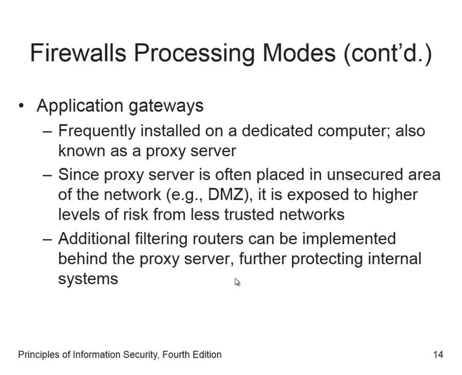So since it's in the DMZ, it's exposed more. It's the demilitarized zone, that area that doesn't have the protection. At that point, additional filtering routers can be implemented behind the proxy server, limiting access to the more secured internal system and thereby further protecting internal systems.